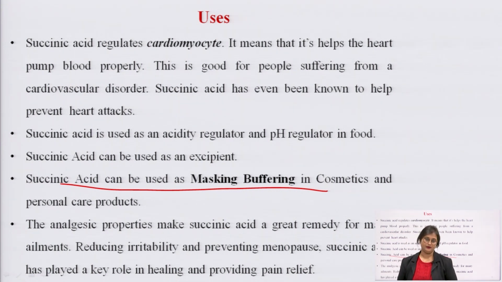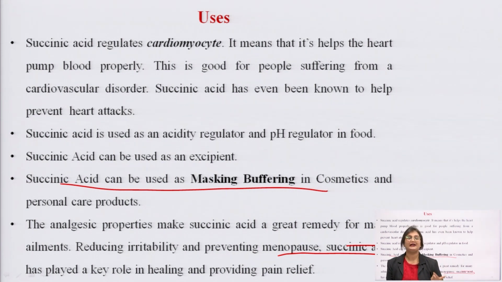The analgesic properties of succinic acid make it a great remedy for ailments. Reducing irritability and preventing menopause are among the few roles played by succinic acid. It has also played a key role in healing and providing pain relief. So, apart from being used as an acidity regulator and pH regulator, it has a range of medicinal uses, from preventing heart attacks to regulating cardiomyocytes.